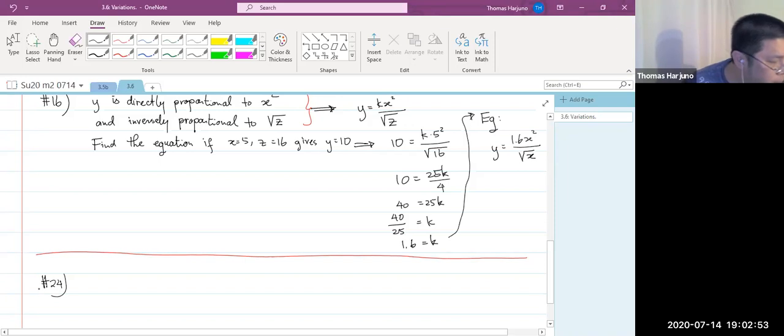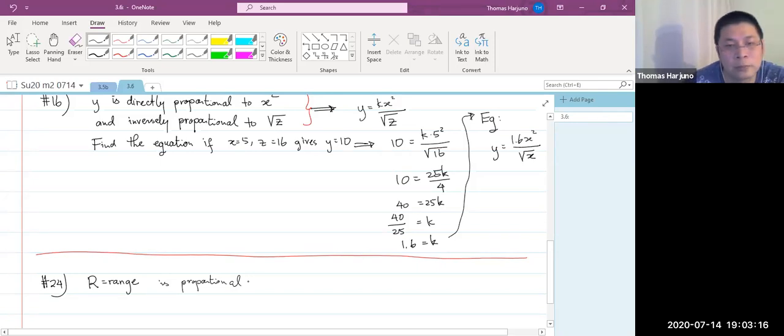It is known from physics that the range of a projectile is directly proportional to the square of its velocity. So from there we see that r equals k v squared, from that one sentence only.